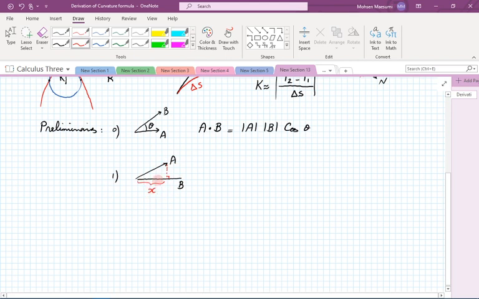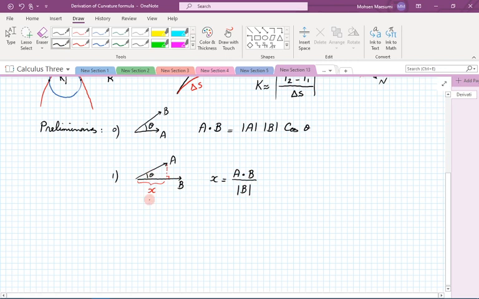I'll call that the length of projection of A on B. What are we trying to find out? What is X? Well, we are going to show that X has a very simple formula. It's A dot B divided by the length of B. How so? Let's quickly show that.